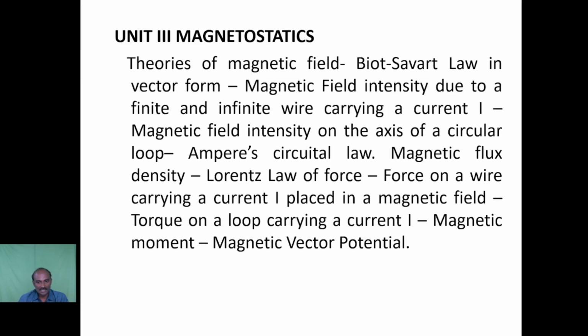That is known as Lorentz law of force. And finally we have magnetic vector potential. Like electric potential, here we have magnetic vector potential. It is potential due to the moving charge. Electric potential is a scalar potential, but magnetic potential is a vector quantity.